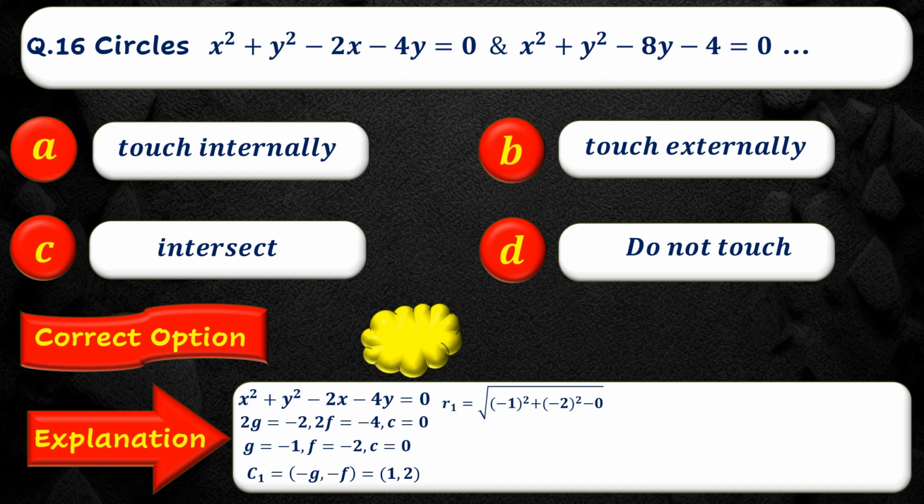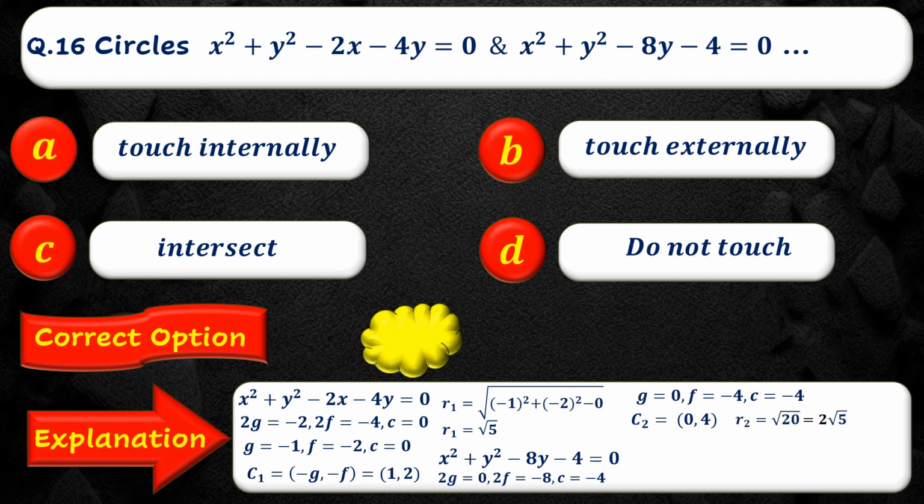The radius is square root of (-1)² + (-2)² - 0 and it becomes square root of 5. Similarly, for the second circle, the values of g, f and c are 0, -4, -4. The center of second circle is (0, 4) and the radius will be square root of 20. It can be written as 2 into square root of 5.